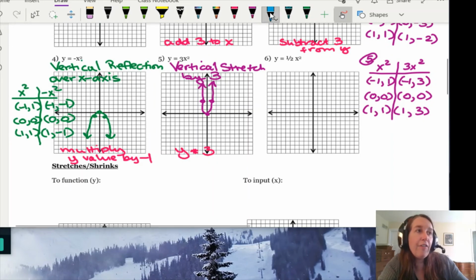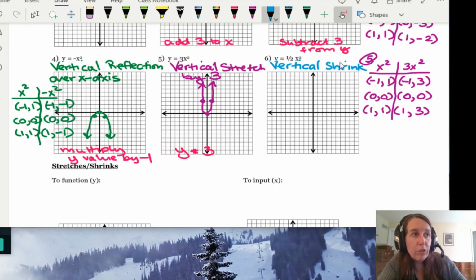All right, and then our final one is y equals 1/2 x squared. That is still vertical because there's no parentheses. It's not happening to the x, it's happening to the y, the whole function. And since it's times a half, it's called a shrink. So a vertical shrink by 1/2, because it's going to get smaller.